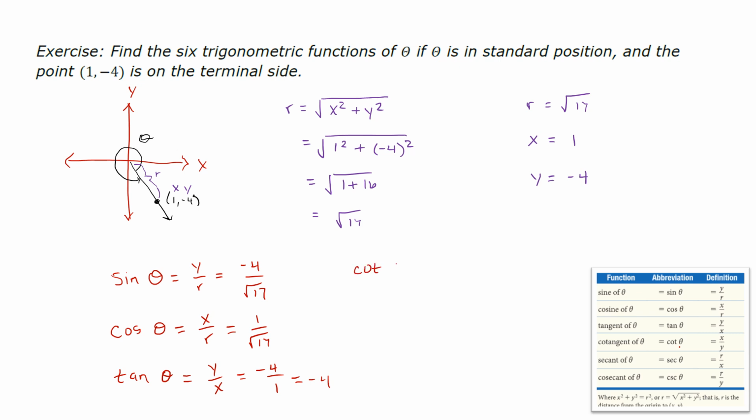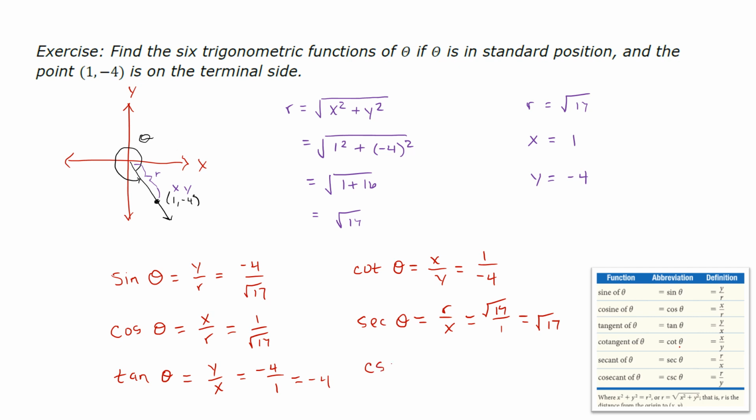Cotangent of theta is x over y, which is 1 over -4. Secant of theta is r over x, which equals the square root of 17 over 1, which simplifies to the square root of 17.